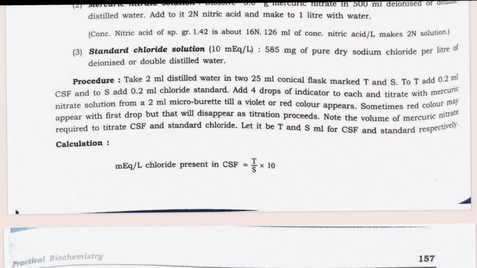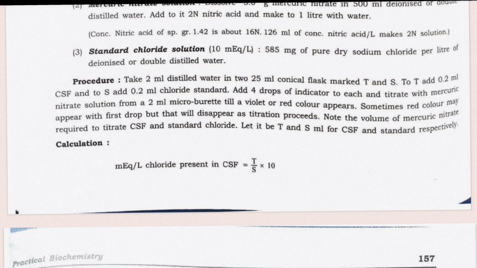Procedure: take 2 ml distilled water in two 25 ml conical flasks. Mark T and S. To T add 0.2 ml CSF and to S add 0.2 ml standard chloride. Add 3 to 4 drops of indicator to each and titrate with mercury nitrate solution from the 2 ml microburette till a violet or red color appears.